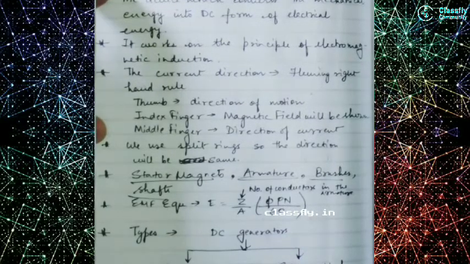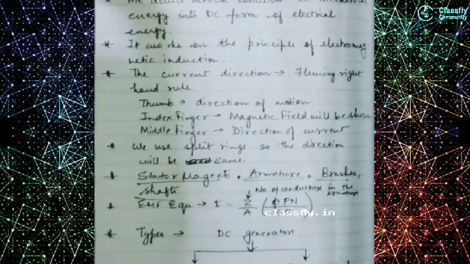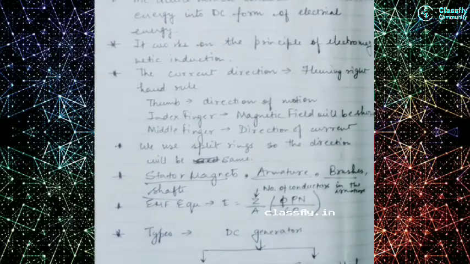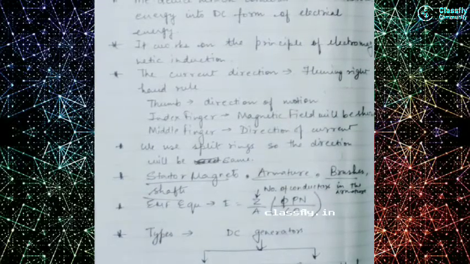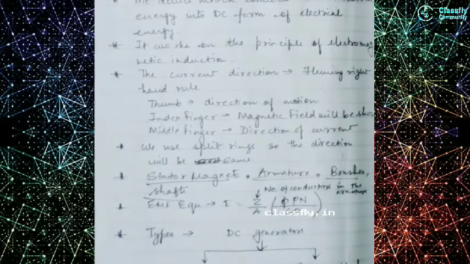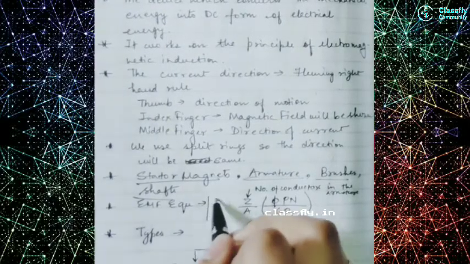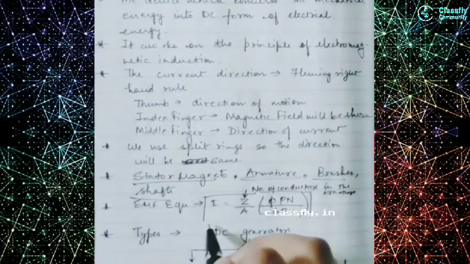Now we will see what A means. A is the number of parallel paths in which it is being distributed. P is the number of poles, N is our speed of the armature, and phi is the flux. So I hope you remember the equation and how we had derived it.